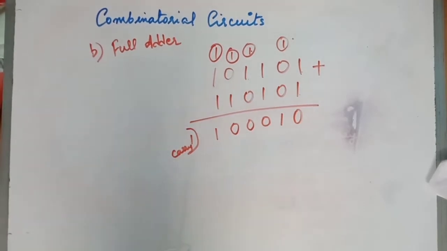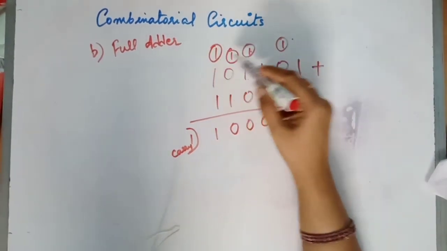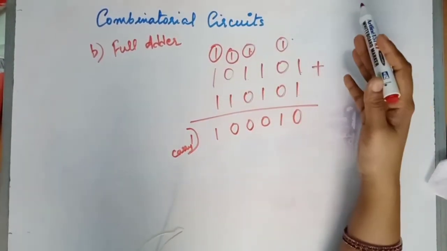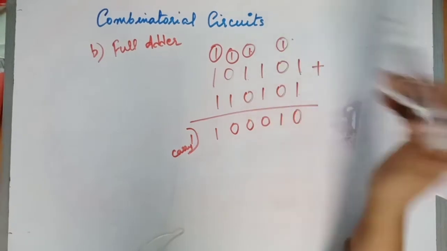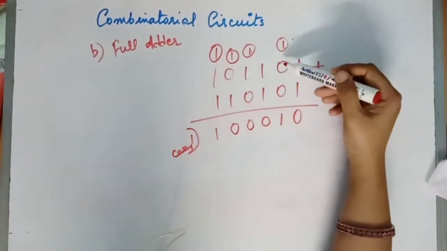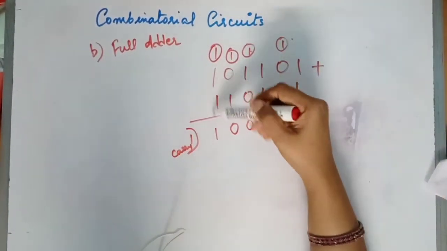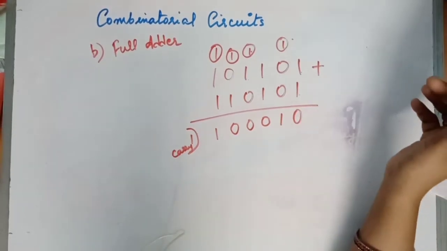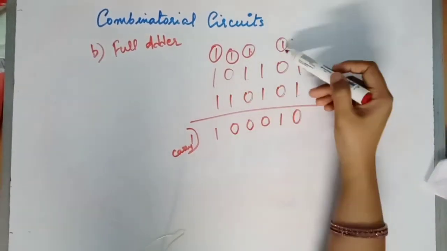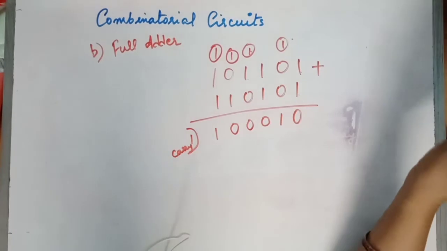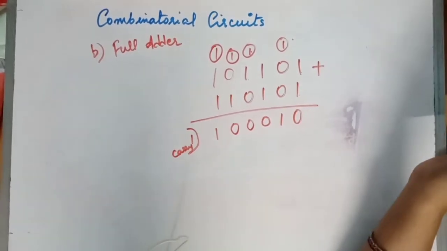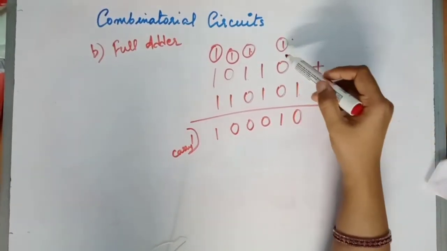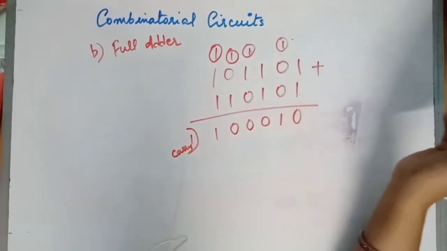So in this case, see, in these cases, you have a carryover bit from the previous stage. Okay, if you take each of these as a particular stage, from the previous stage, you have a carryover. In normal addition, it will be there. So we have to consider that carryover also.